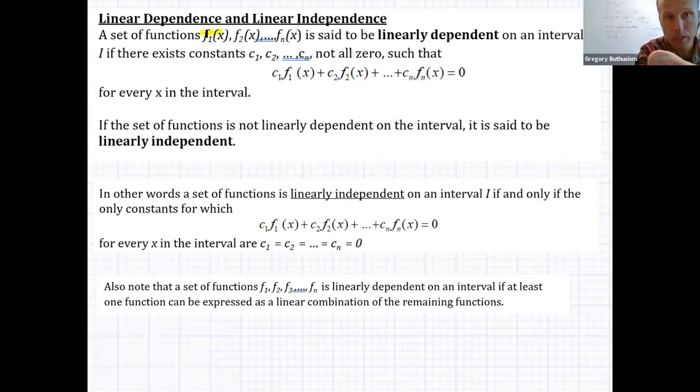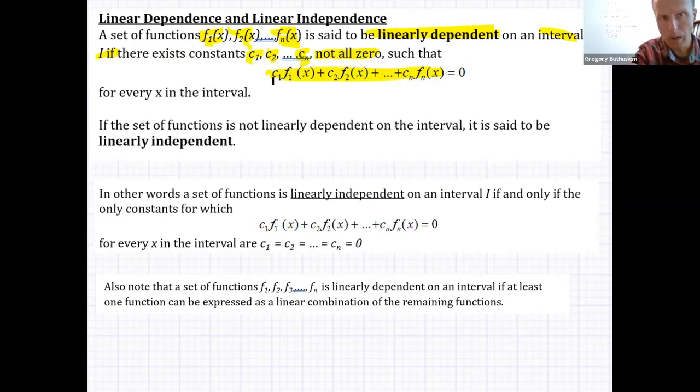A set of functions f1, f2, f3, all the way up to say fn is linearly dependent on some interval if there exists a c1, c2 up to say cn, not all 0, that's a key, such that this linear combination equals 0. A linear combination is when you multiply each one of these functions by some constant and add them all together.